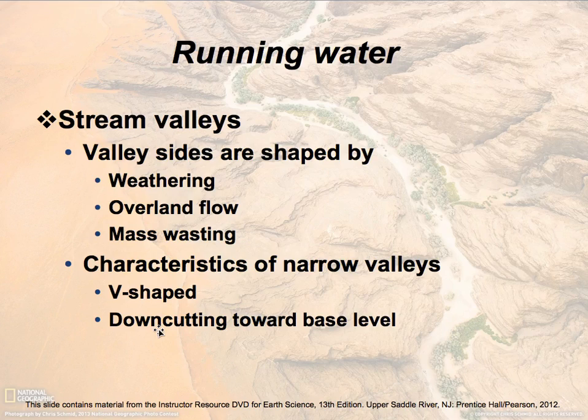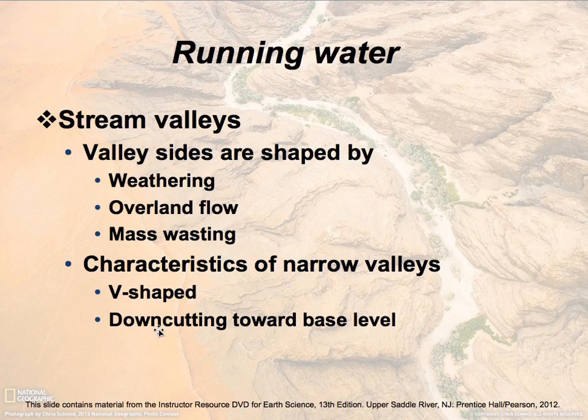Running water or stream flow often introduces a characteristic shaping of valleys. Valleys are divided into two types: narrow valleys and wide valleys. Narrow valleys are characterized by downcutting, or basically water moving very fast, causing a lot of erosion, whereas wide valleys are caused by more depositional aspects of stream flow.